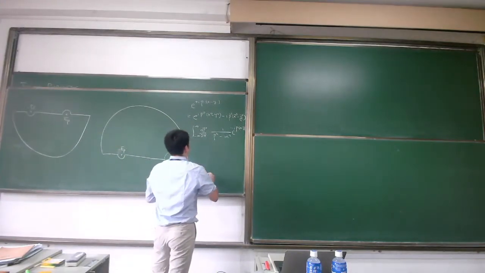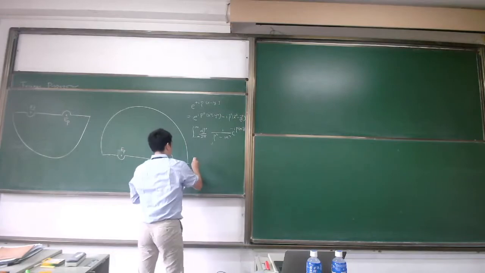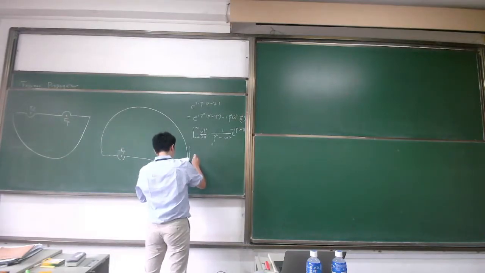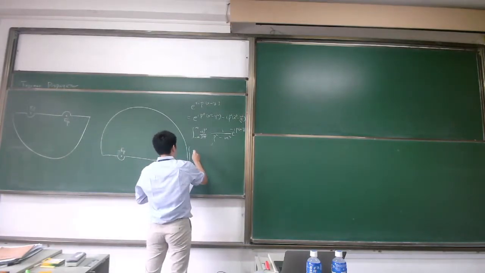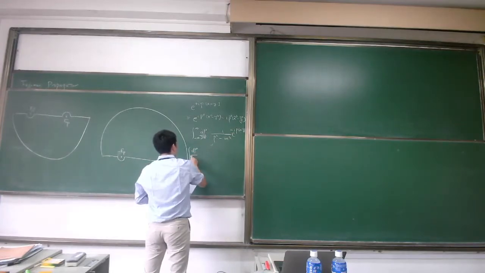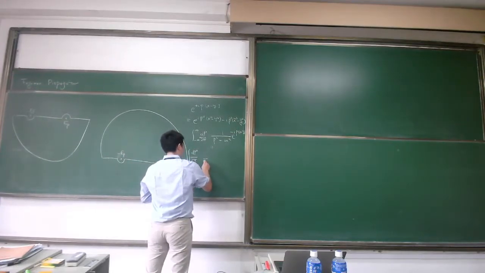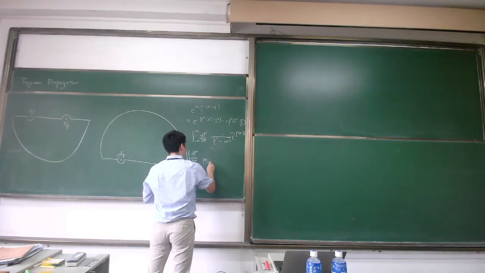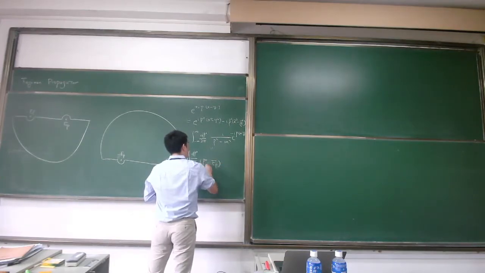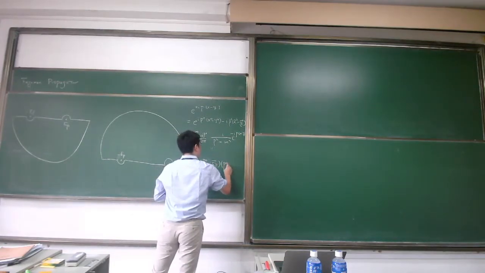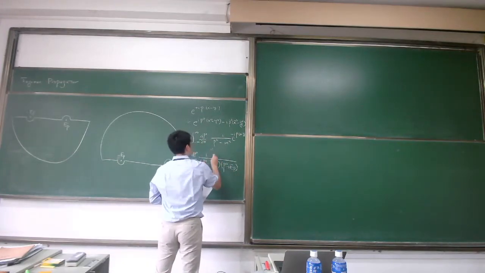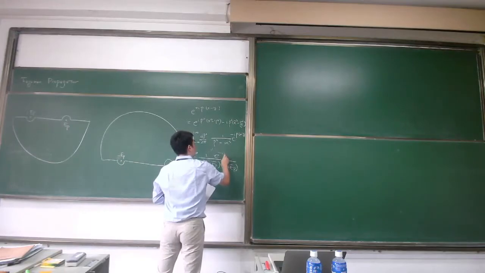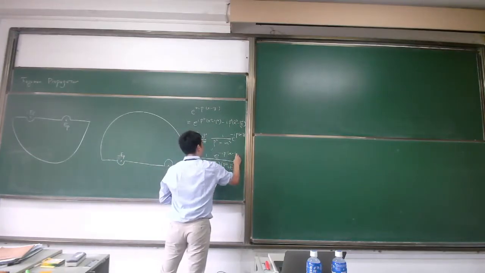And then this can be understood as the integral dp0 over 2 pi of i over (p0 minus Ep)(p0 plus Ep), times e to the minus ip dot x minus y. Okay.